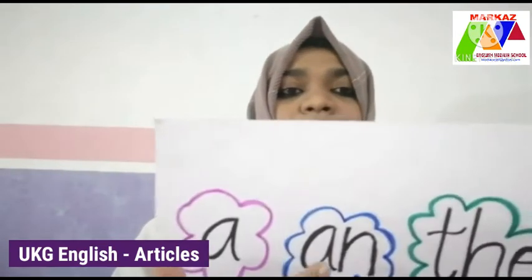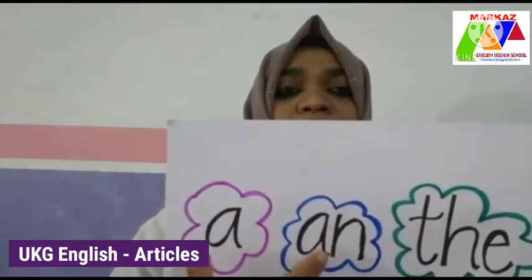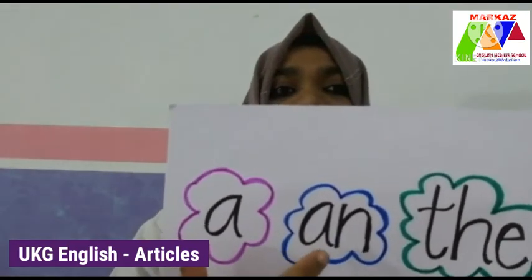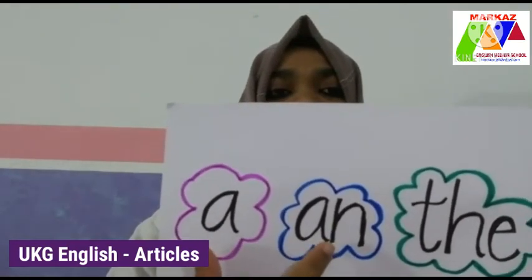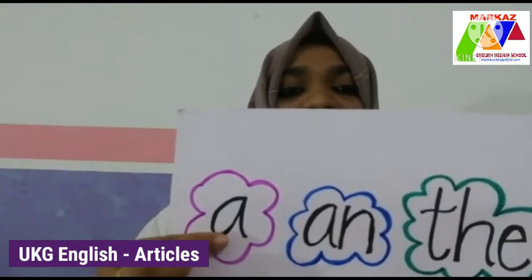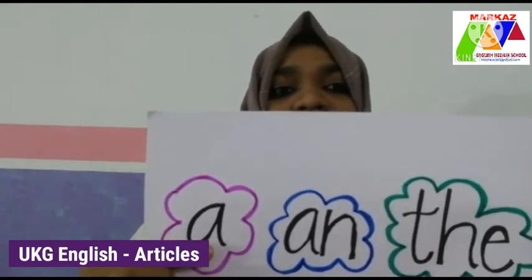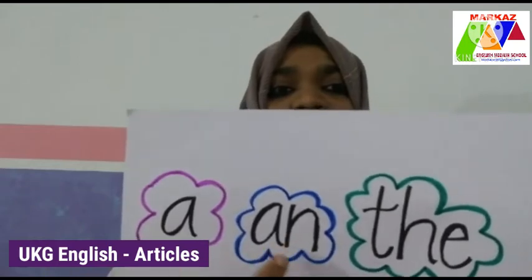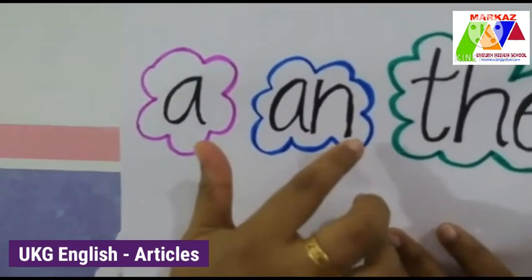Is it clear? Yes. Then, an is used before a vowel sound. We have 5 vowels: A, E, I, O, U. A is used before a consonant sound and an is used before a vowel sound.